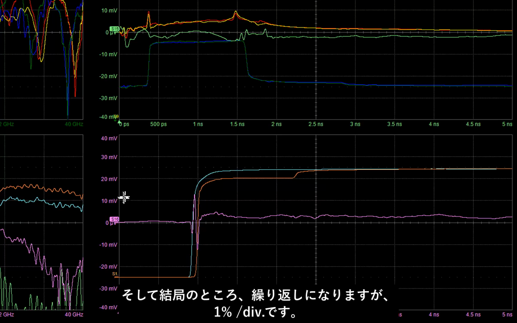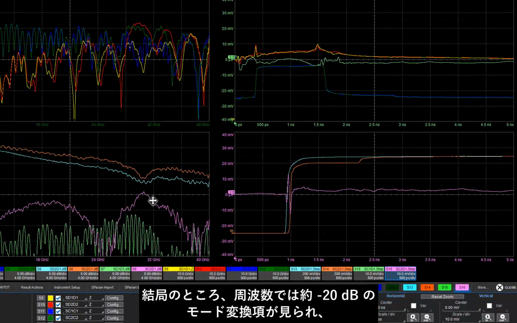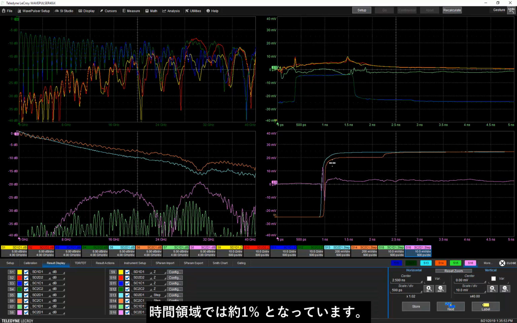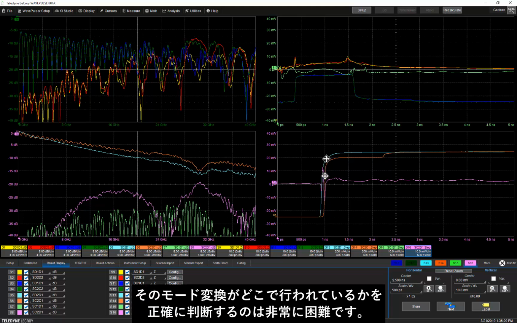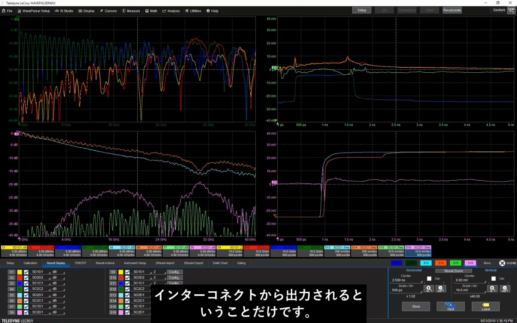After all, it's 1% per division, so we're seeing a little bit more than 1% common signal. We saw about minus 20 dB of mode conversion term in the frequency domain, and we're seeing about 1% in the time domain. Exactly where that mode conversion is happening is very hard to tell. All we can tell is that we would have this roughly 1% common signal pulse coming out of our interconnect after sending a 1 volt differential signal in.